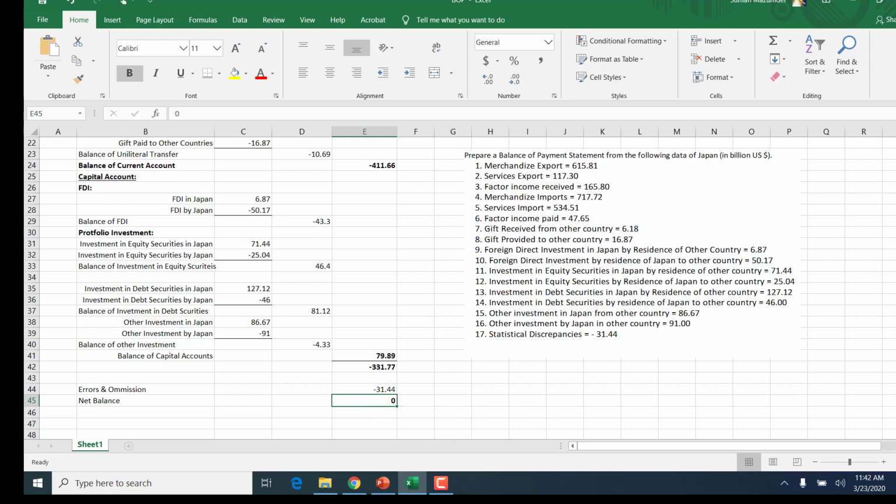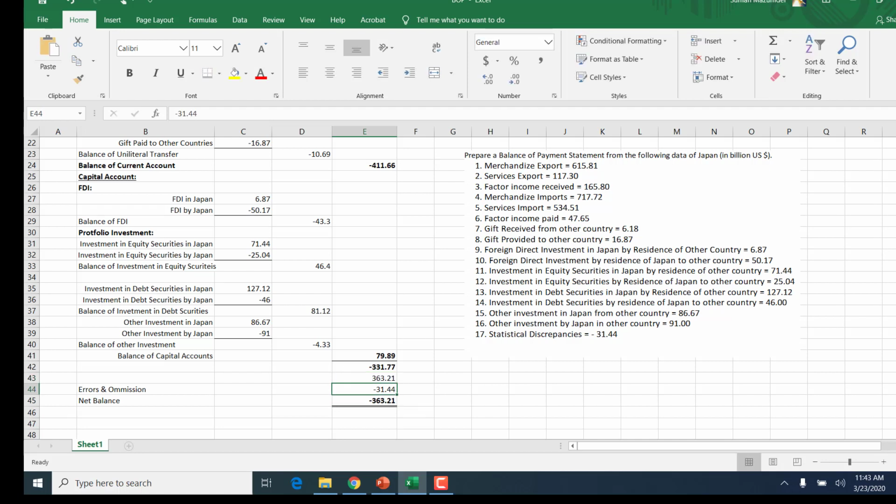If we add these two figures, the amount we'll get is actually, sorry, it should be the plus, 363.21.